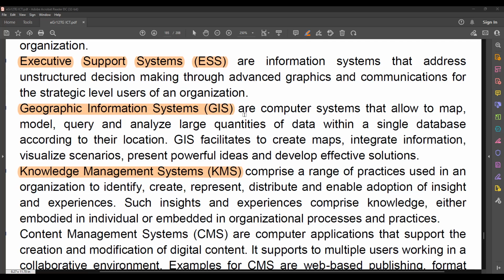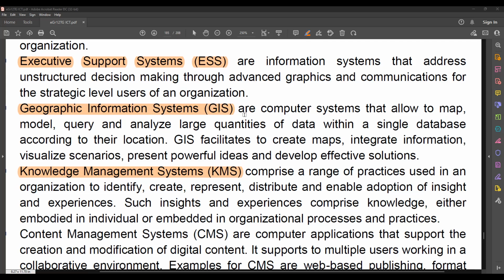Then geographic information systems, I already told you, like if you want, based on the geographical area, like your positions, the details, and then you are going to have maps, for example, right?